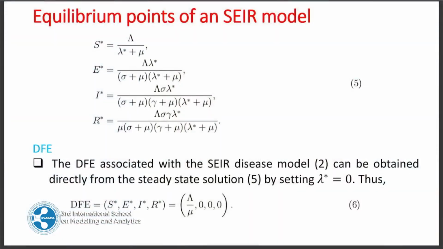So if I have lambda equal to 0, look at the first equation. If we put lambda equal to 0, what, okay, maybe as we read.